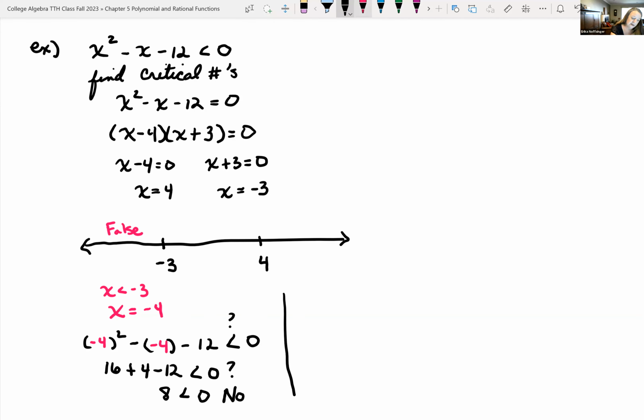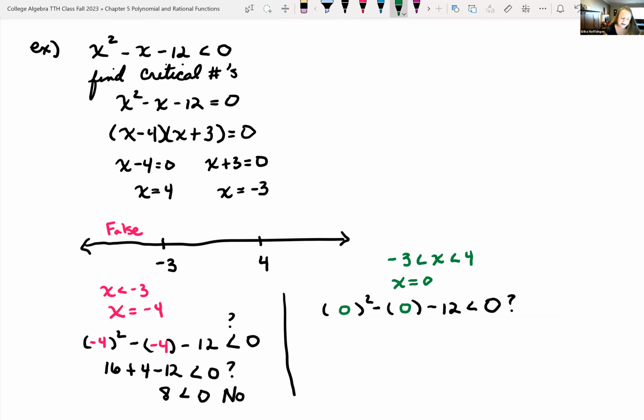And so I'm looking for a number x that falls between -3 and 4. x equals 0 works. And so I'm going to go back into my inequality. I'm going to plug in 0 wherever I see an x and see if I have a true statement or not.